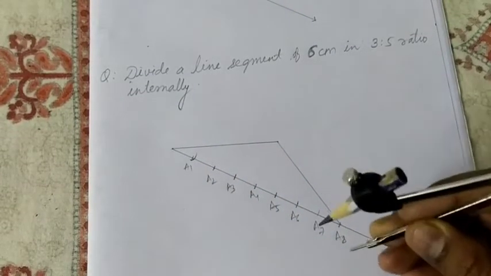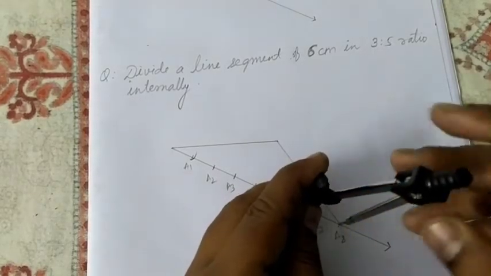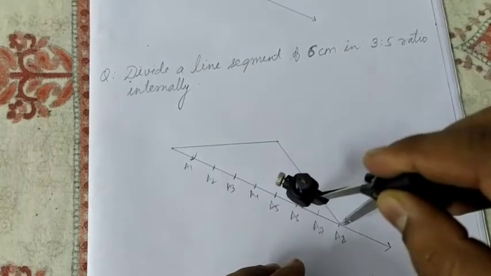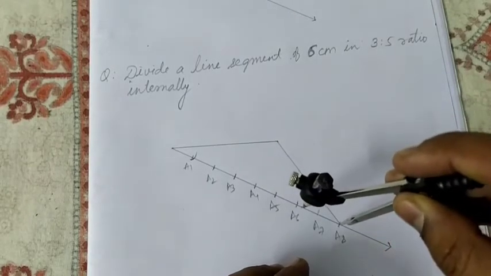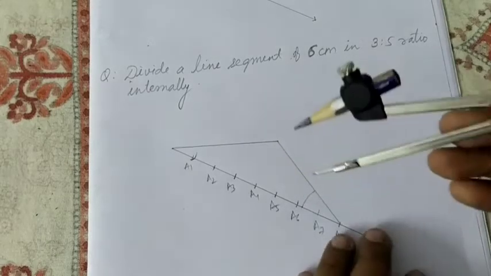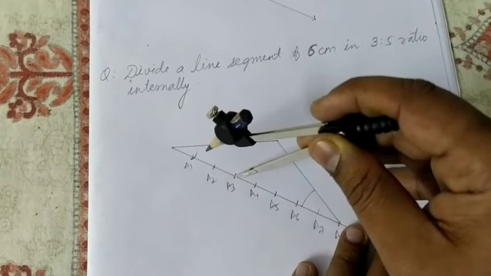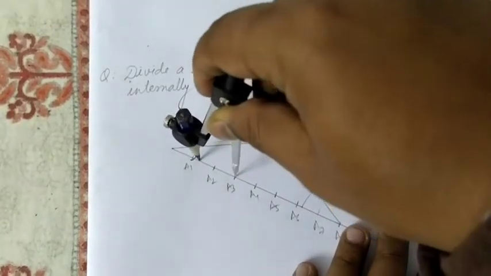Okay, so let me take an arc of any measurement. I will draw an angle here. You have to be very cautious, and then from 3:5 it is saying, so at 3 I will draw the same angle.